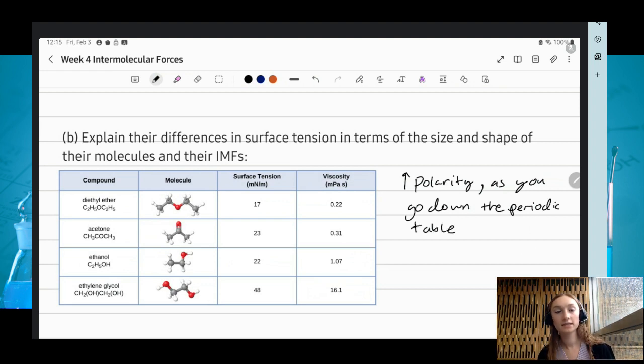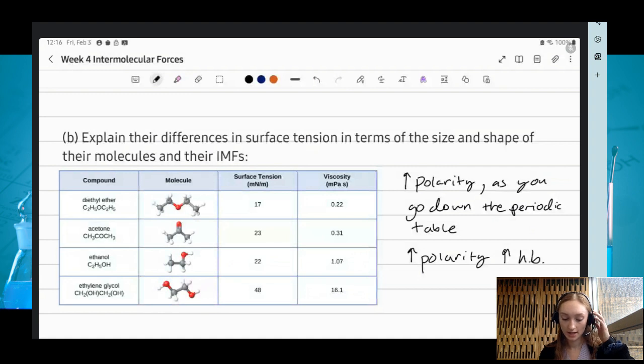And not only that, when there's a higher polarity, there's going to be more hydrogen bonding. And when there is more HB, hydrogen bonding, then there is going to be a higher surface tension and viscosity. And so you can see this as we go down.